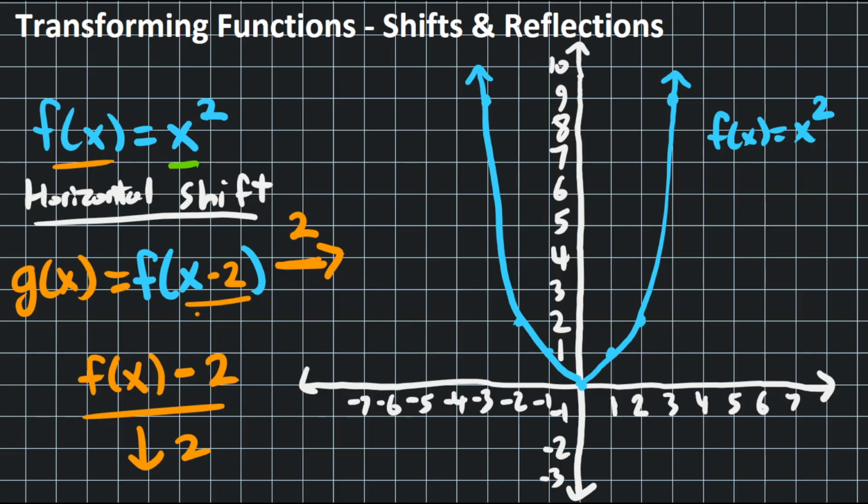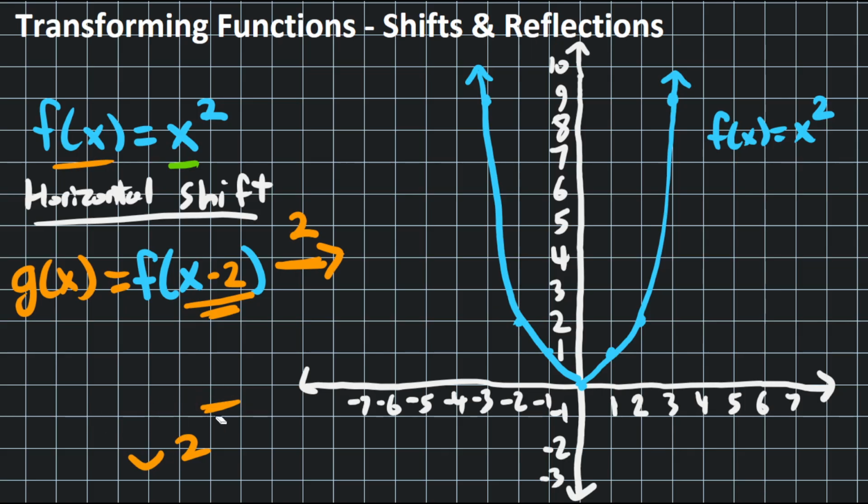It's within the function. It's going to be part of the input. Whereas the minus 2 was outside of the parentheses, so it's just the output minus 2. But over here, f of x minus 2, we're going to subtract 2 from the input, x minus 2. And this will shift it 2 spaces to the right.